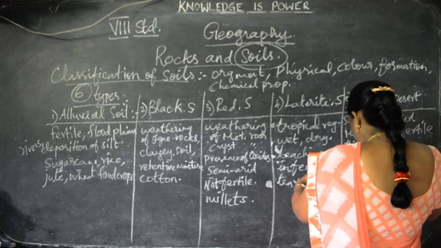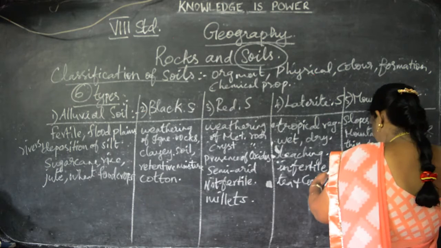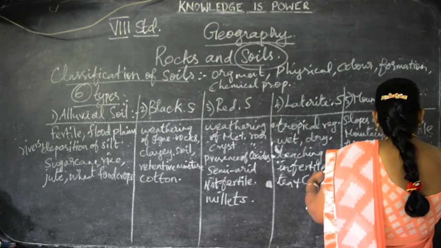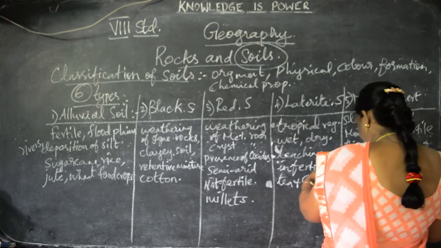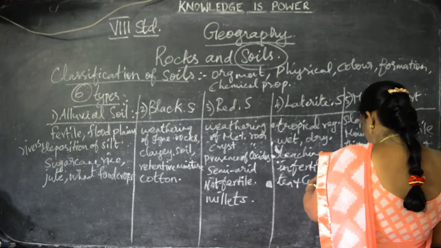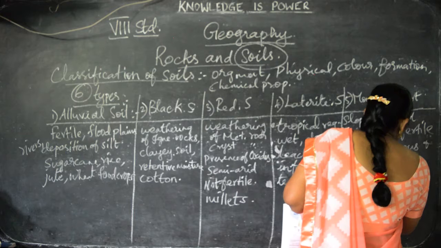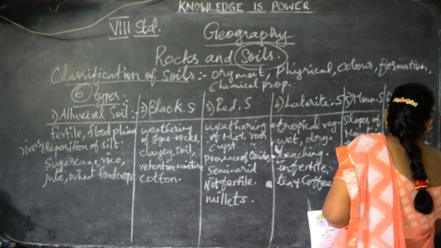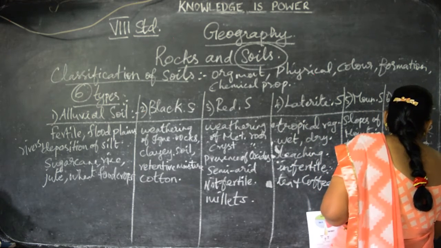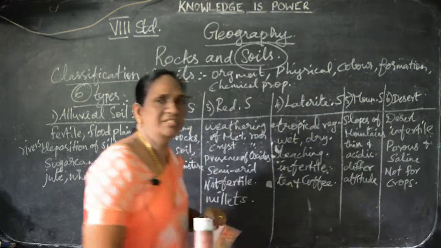The soil is porous in nature, porous and saline. Desert soil is porous and saline, it is infertile and not useful for cultivation, not for crops. Can you able to follow, children?